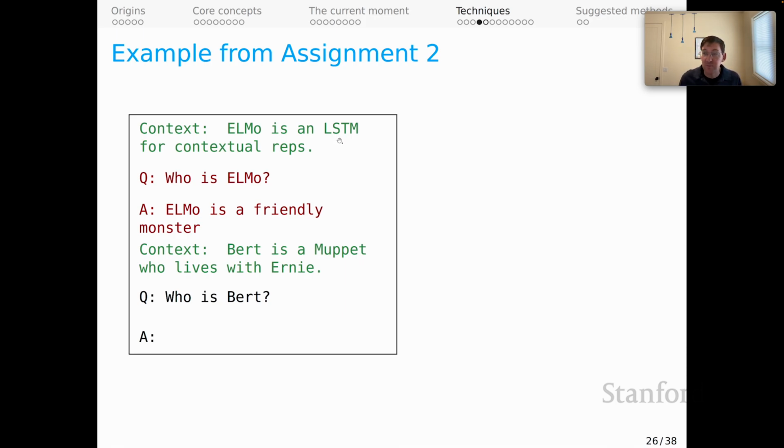And the context passage that I retrieve is, Elmo is an LSTM for contextual representations. That looks worrisome. That context passage is about a different Elmo than the one represented in this question-answer pair serving as my demonstration. And you might worry that that is going to be very confusing for the language model.